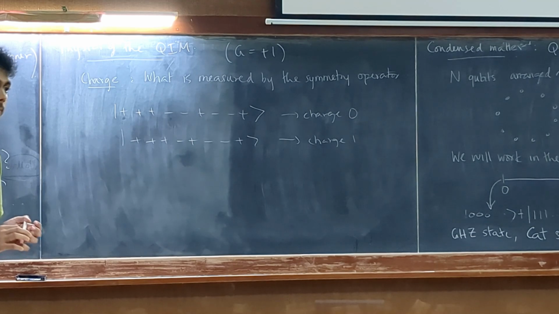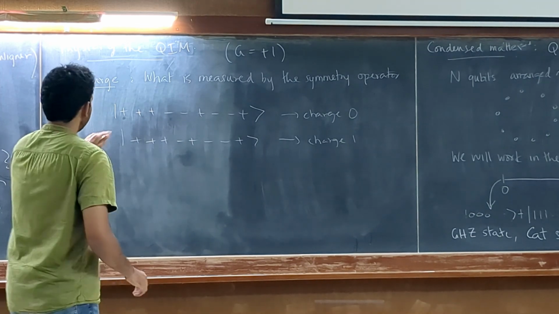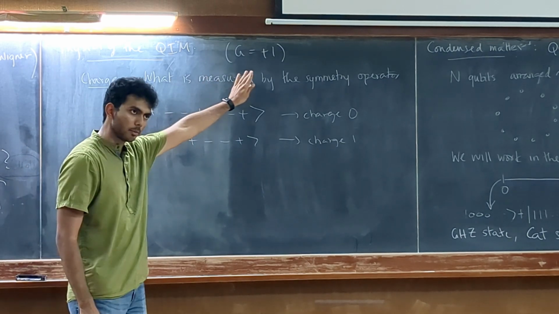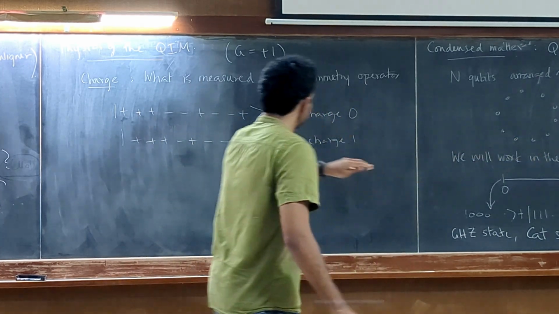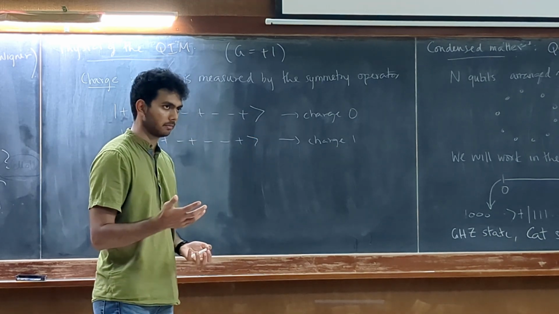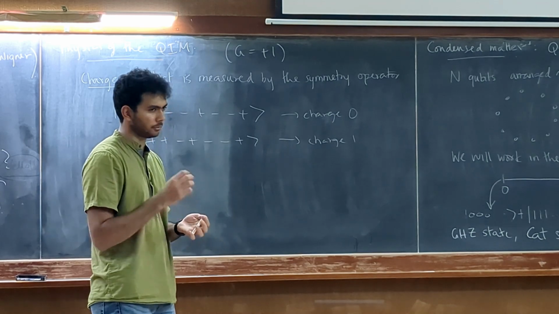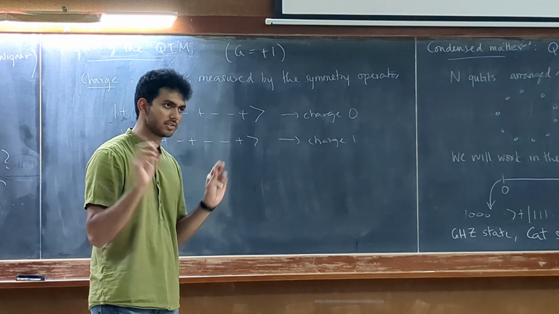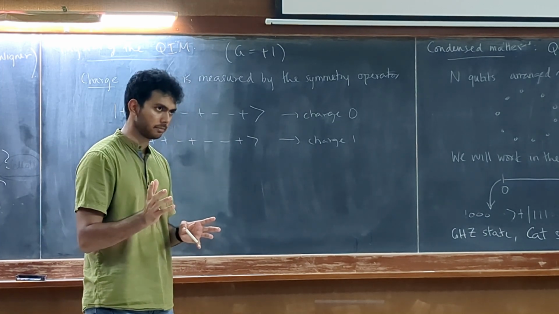Could you repeat how you measured the charge for the first state? Right. So the charge is measured by the symmetry operator, and the symmetry operator is the product of all X's. So here, if you multiply the product of all X's, you get plus 1, right? And here you get minus 1. But I want to use a different, more physical language, where I call the plus 1 sector charge 0, and minus 1 sector charge 1.